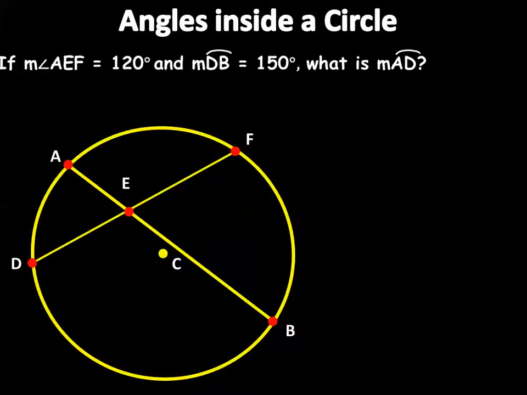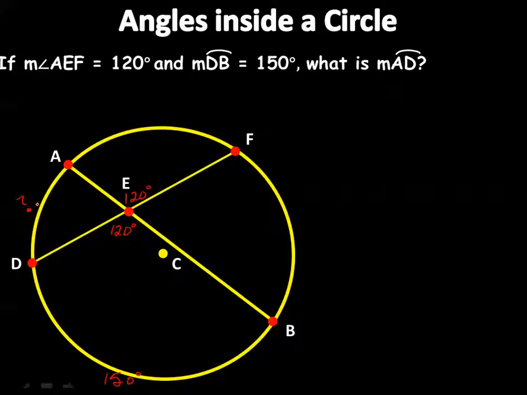Okay, so here they said the measure of angle AEF is 120 degrees. Vertical angles are always congruent. The measure of arc DB, where is DB? It's 150 degrees. What is the measure of arc AD? That's what they want to know right there.